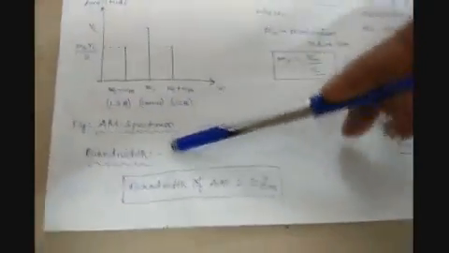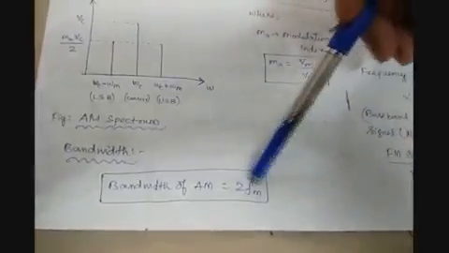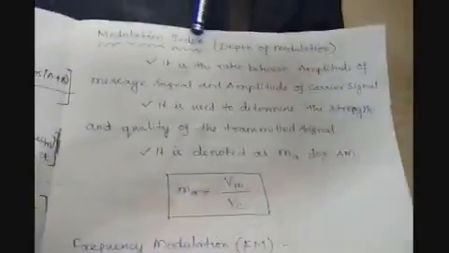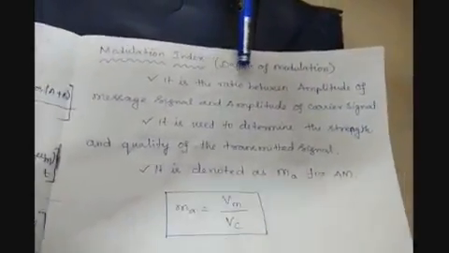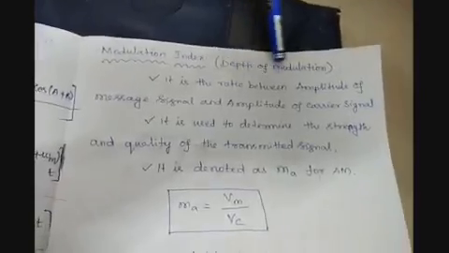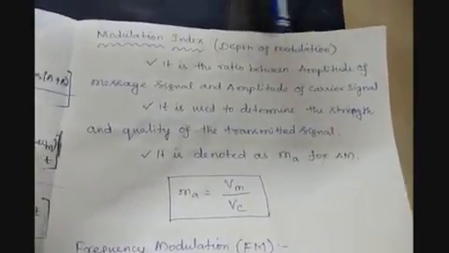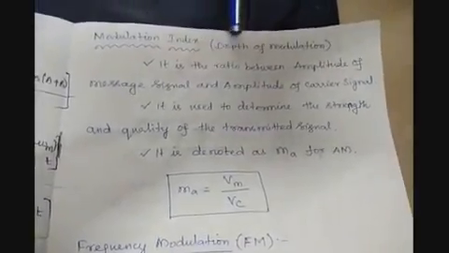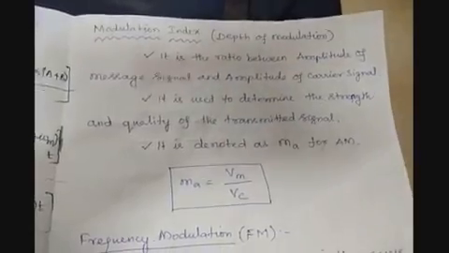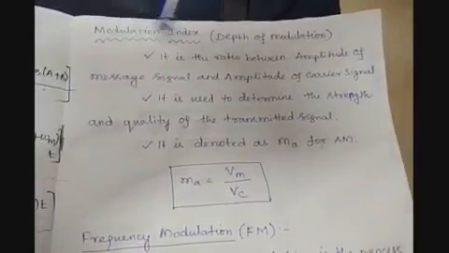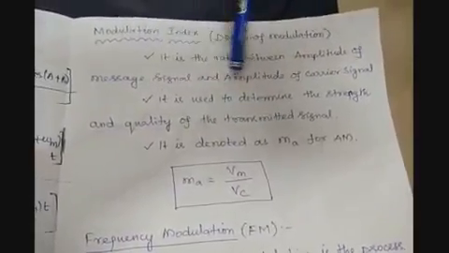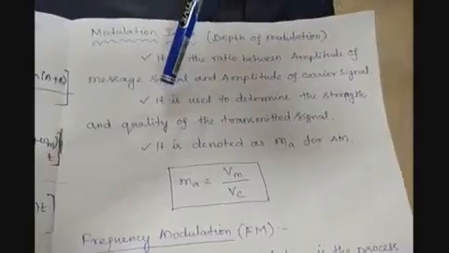And the bandwidth of AM is 2 fm. Modulation index generally means the depth of modulation. How much modulation is applied, we can measure with the help of the modulation index. It is the ratio between the amplitude of the message signal and the amplitude of the carrier signal.